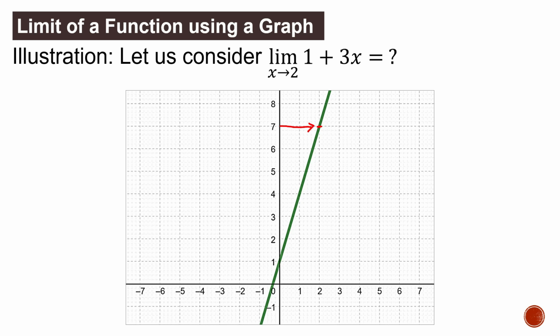Okay, so as x values on this side of the graph approach positive 2, and as x on this side of the graph is approaching that positive 2 value of x, it's going to approach this 7, which is the y value. So that's how we looked at or considered the limit of a function graphically.